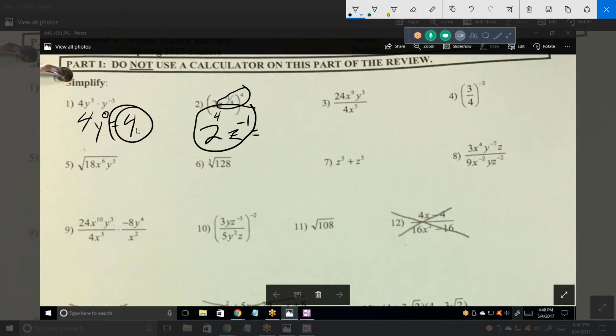Simplify the 2 to the 4th and write the z to the minus 1 using a positive exponent. So would you do like a fraction for that one? Well, what's 2 to the 4th? 8? 2 to the 3rd is 8. Oh. 16 then?